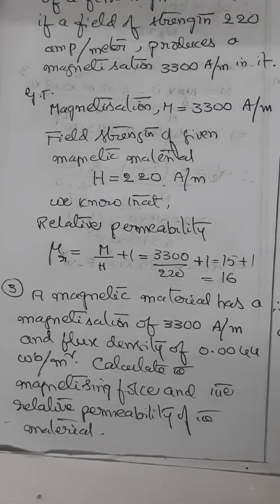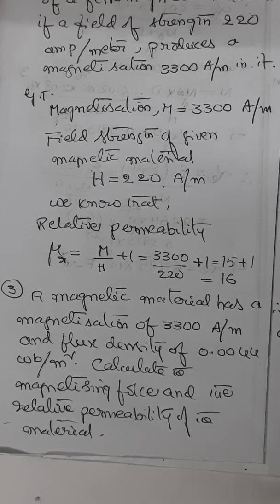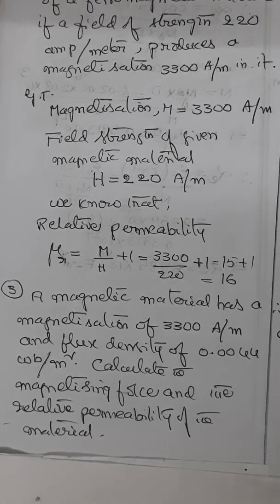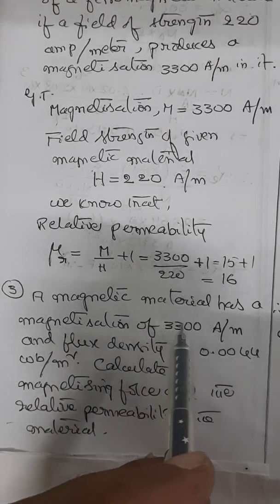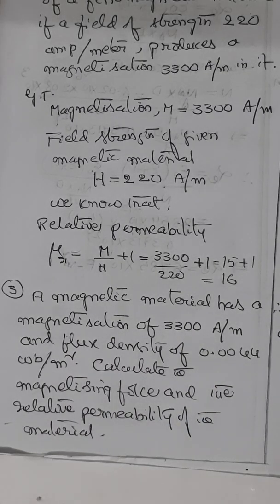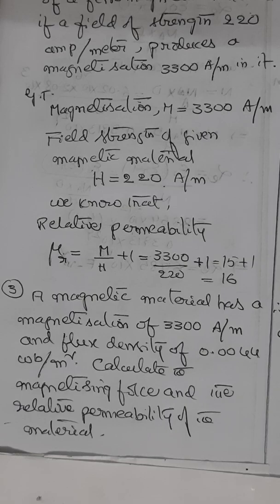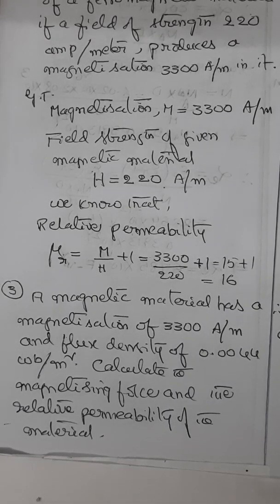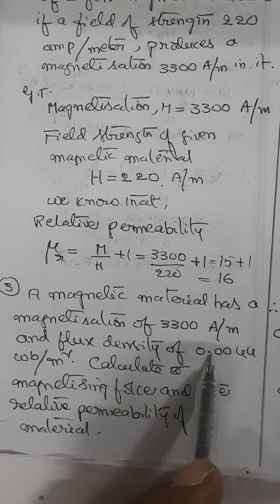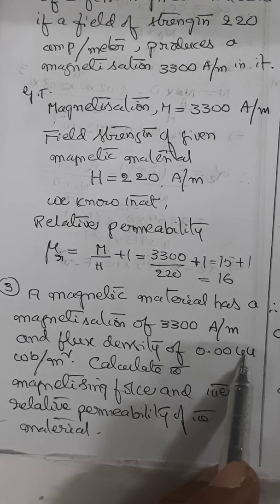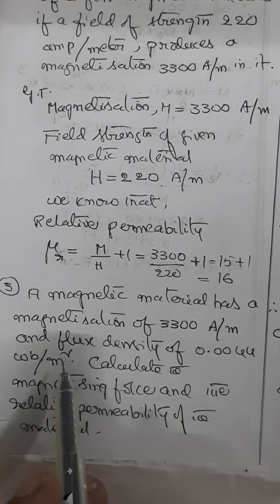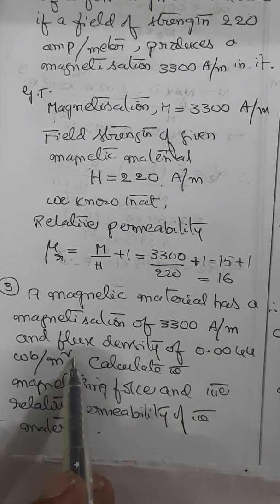If you see the problem, what is given? Magnetization is given. That is 3300 ampere per meter. That is magnetization, M value, along with flux density is also given. Flux density of 0.0044 Weber per meter square is the B value, flux density value.